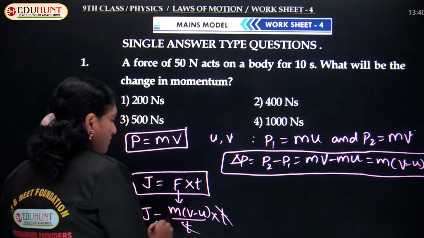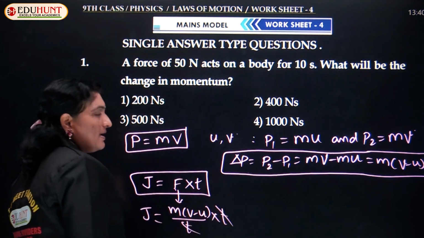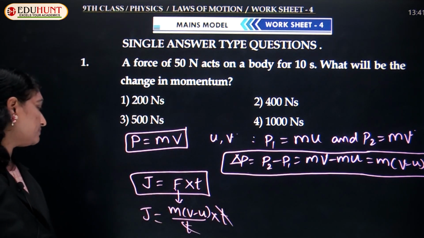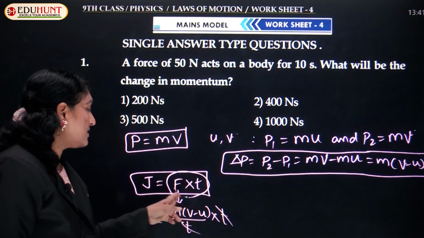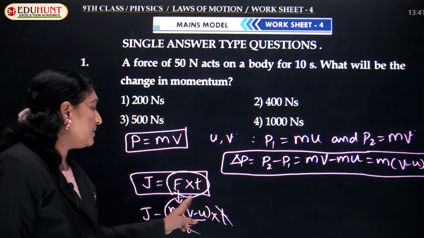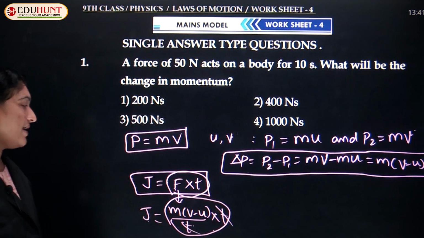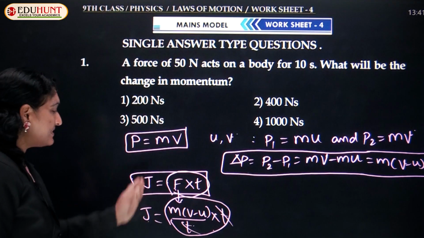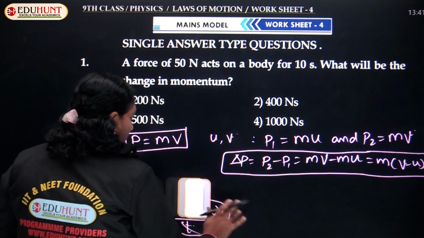So J is equal to m into (v minus u) by t into t, or equal to m into (v minus u). So either you multiply force into time, or you multiply rate of change of momentum with the time, you get the same value, impulse.